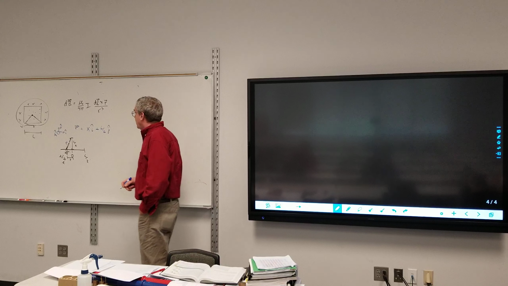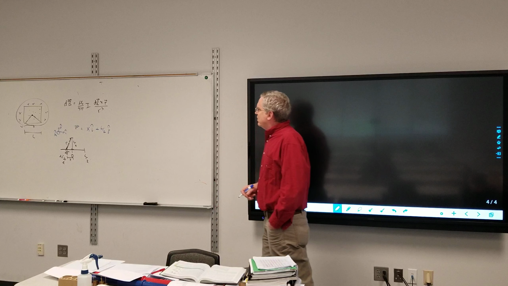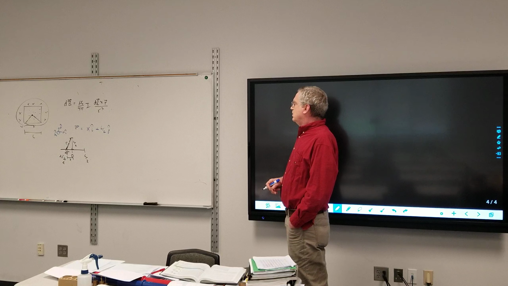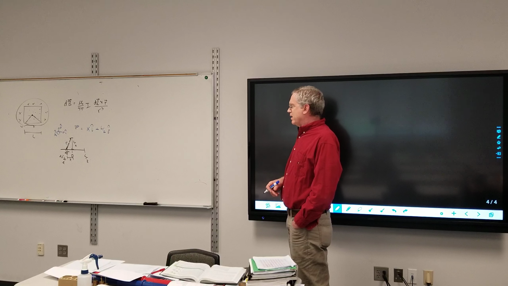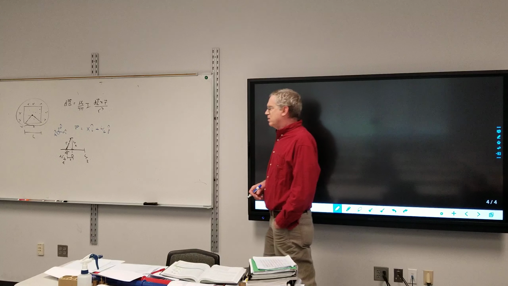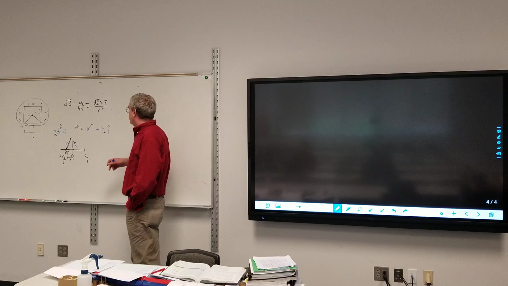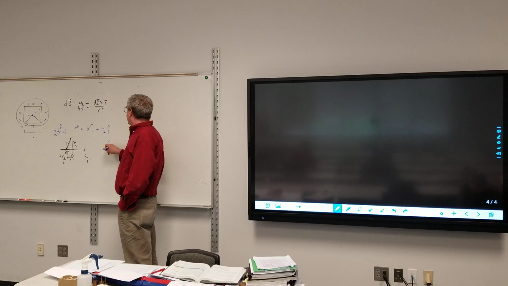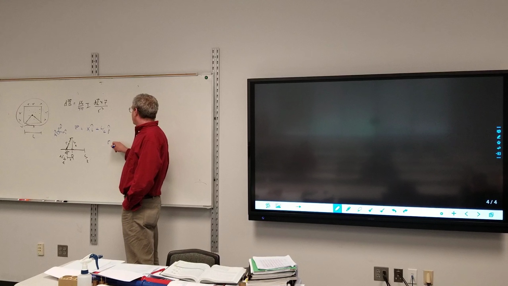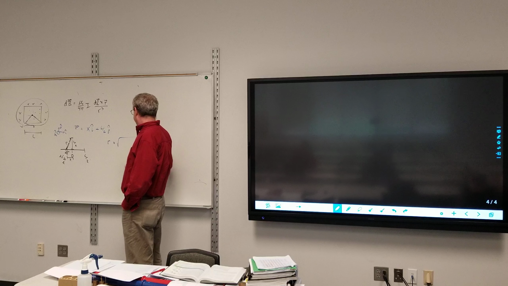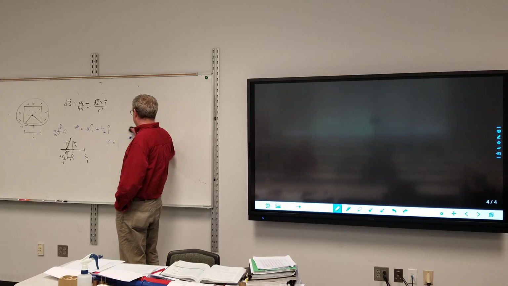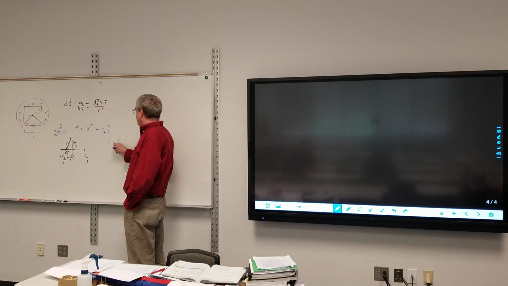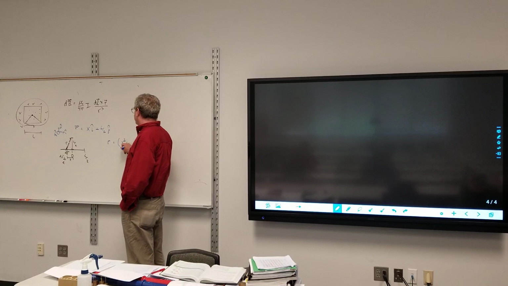If my sign is off, it's not going to matter. It probably should be a negative x i hat, but I don't think it's really going to matter here. All right, so therefore the magnitude of r is the square root of x squared plus 1/4 L squared, to the 1/2.